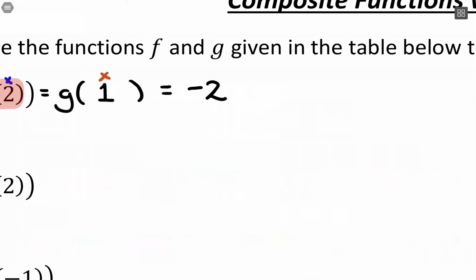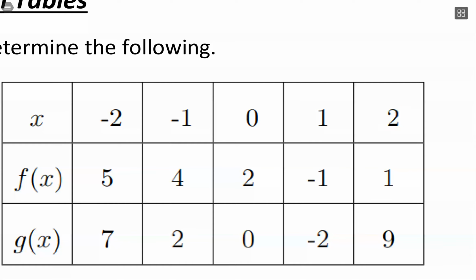What ends up happening here is you're kind of moving crisscross across the table. It's like we started with x equals 2, and that led us to f of x. And we got that positive 1.